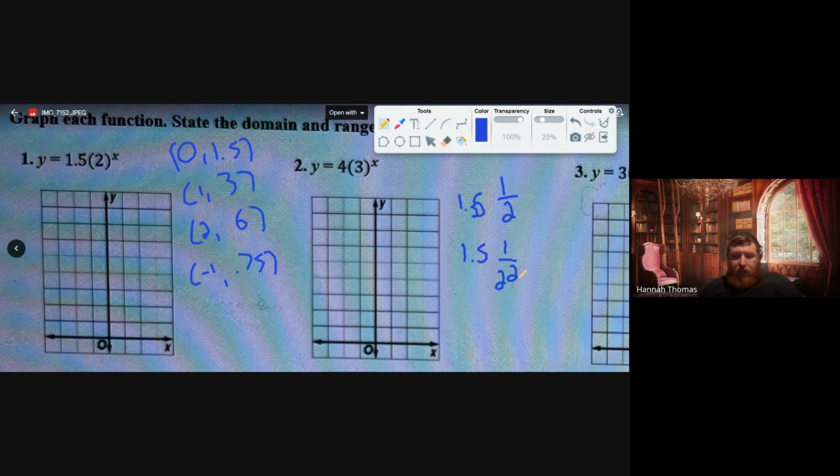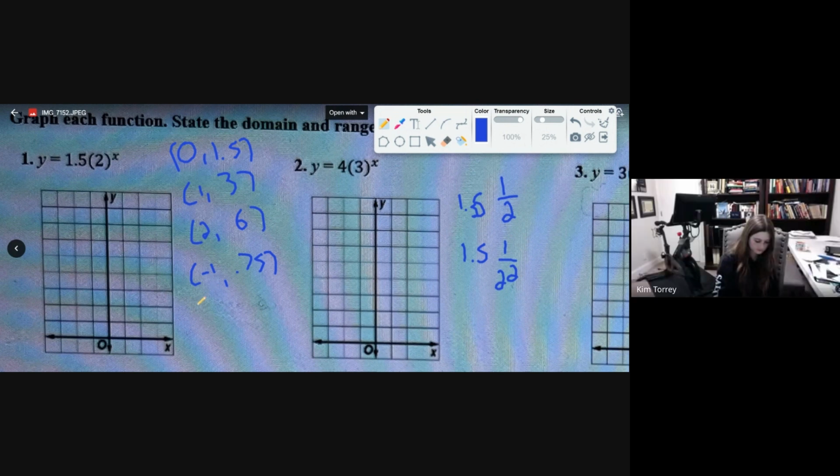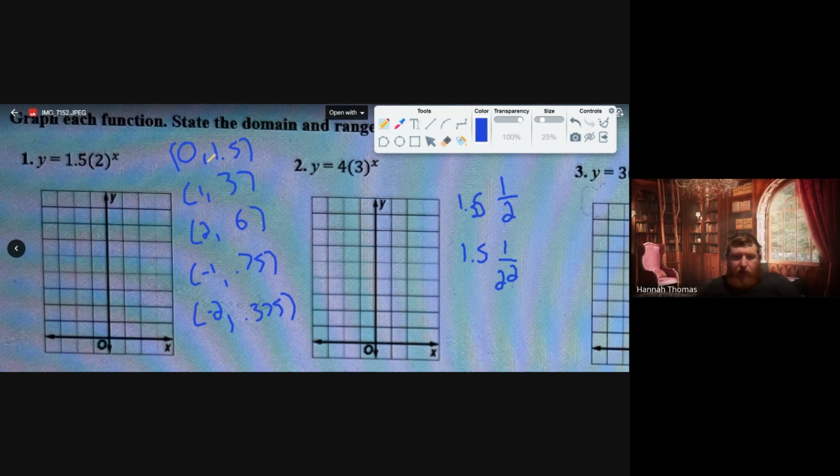Because it was 2 raised to -2, so to make it a positive exponent, move it to the denominator. So now it'd be 1.5 divided by 4. So it would be 0.375. Yep, so now we plot those on the graph.